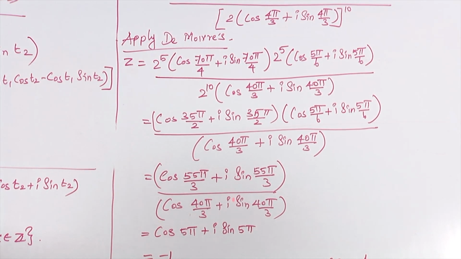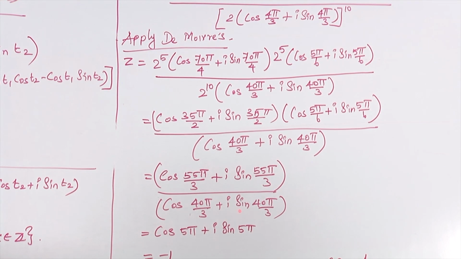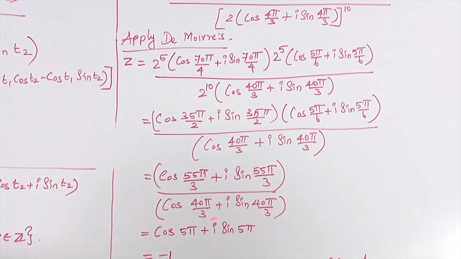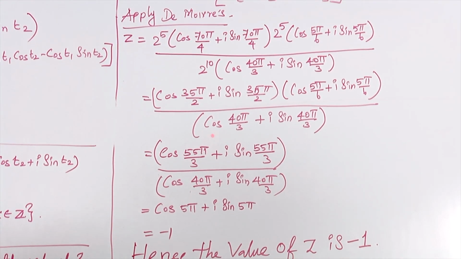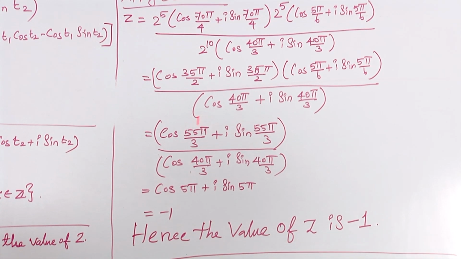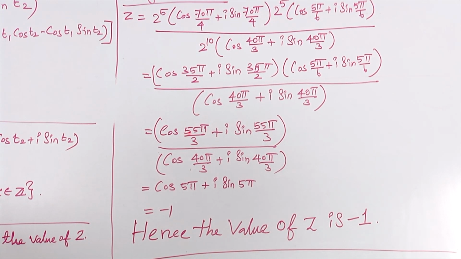And as I can see, these terms can be cancelled, how? Because now it is division. Now what do we know about division? We merely subtract the arguments. So 55 pi by 3 minus 40 pi by 3, and here it is 55 pi by 3 minus 40 pi by 3.